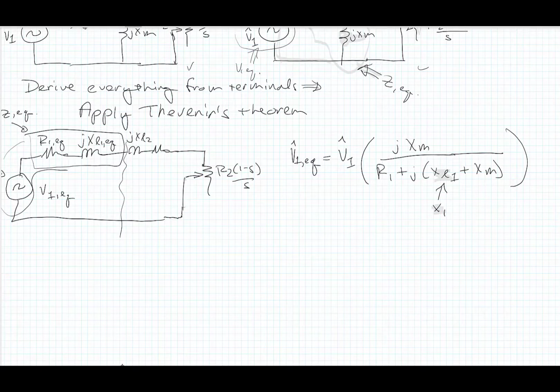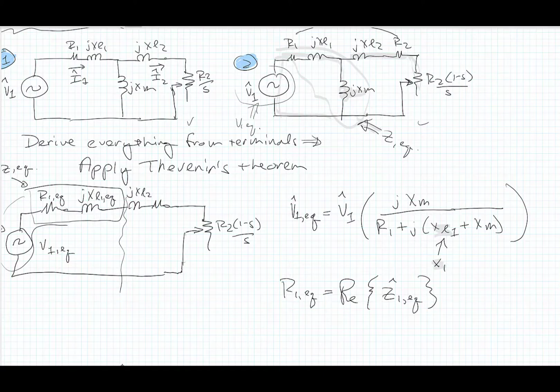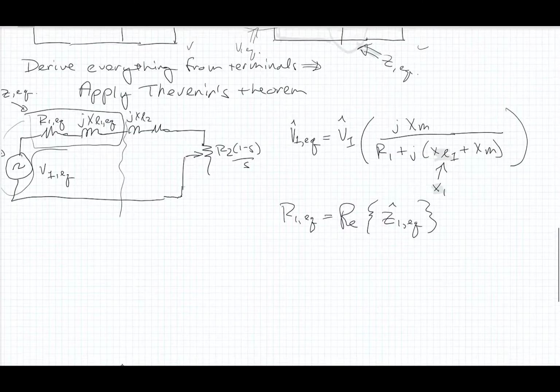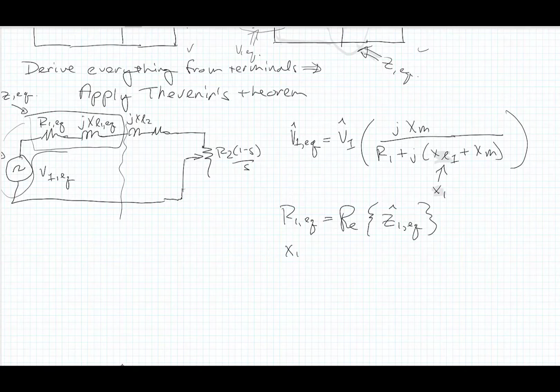Okay, so that's that. The R1 equivalent is going to be the real component of an equivalent impedance that I would derive by shorting this out and looking at the parallel combination. And then X1 equivalent here is the imaginary part of Z1 equivalent.